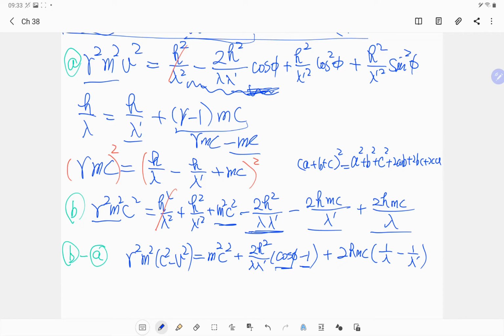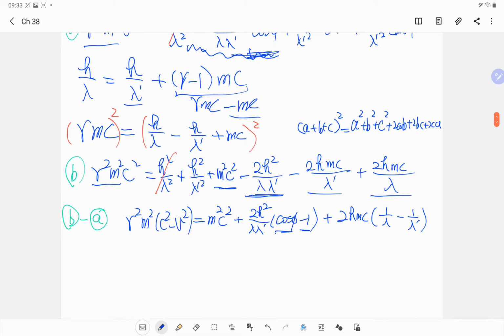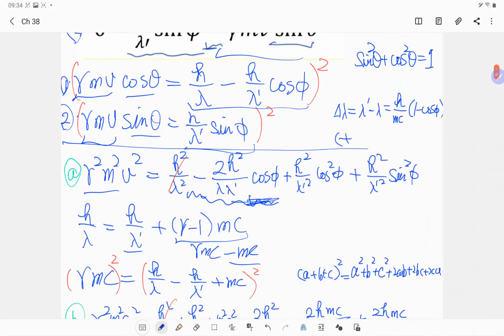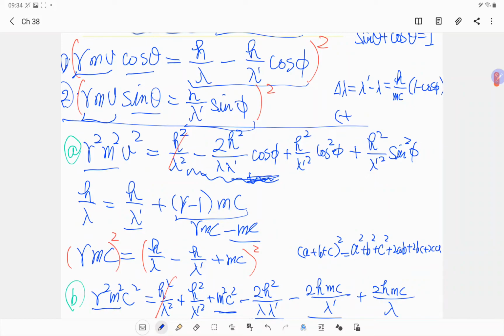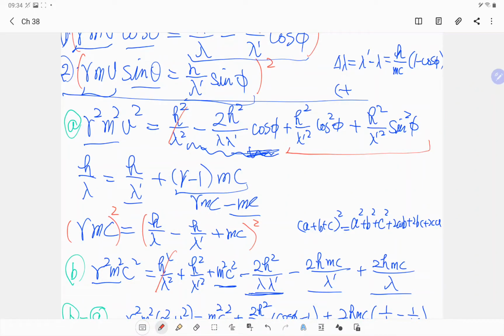And actually we can see these two terms, we have cosine squared phi and then sine squared phi.